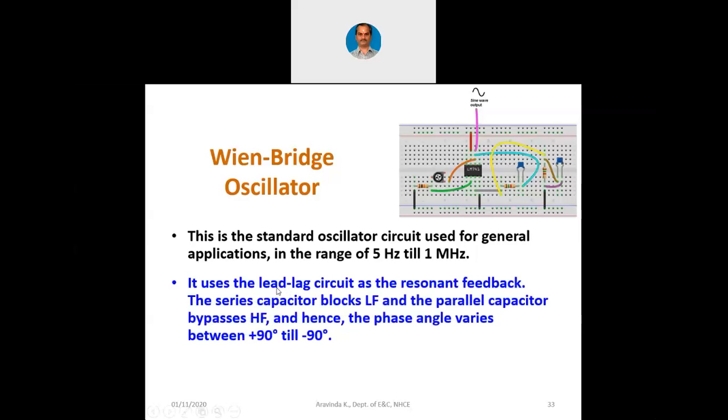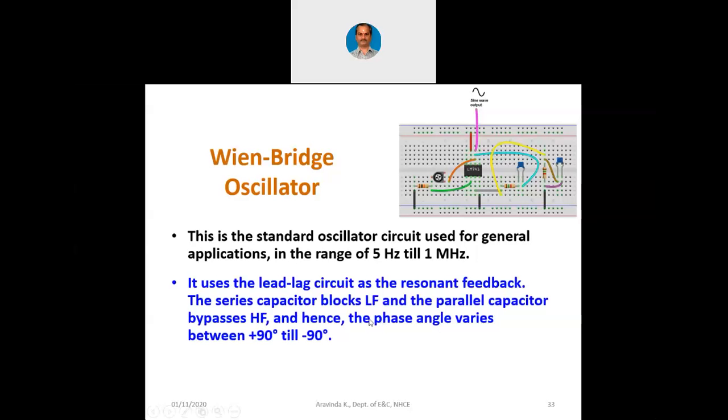It uses the lead-lag circuit as the resonant feedback, which means we had earlier seen only the lag circuit, CR, CR, CR. We did not use the lead circuit. Now we can combine a lead circuit as well as a lag circuit to get 180 degree phase shift.